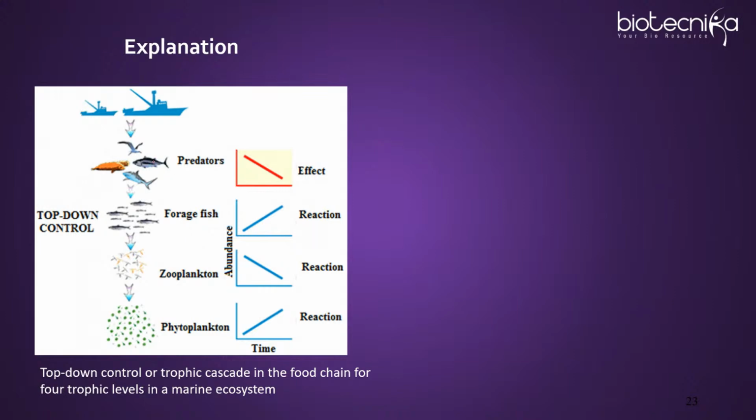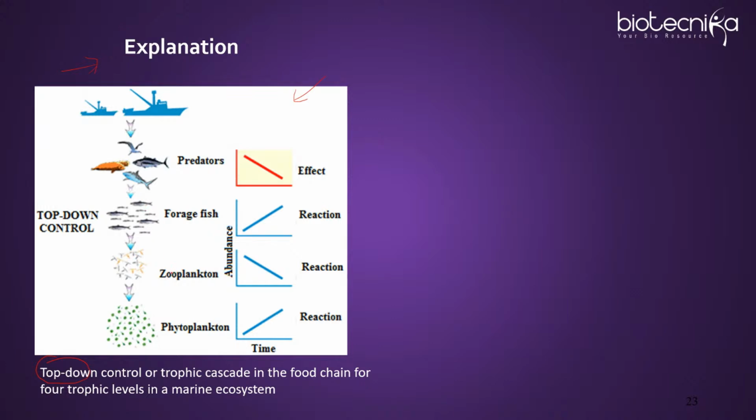See, on that note, let me explain this here. That will help you to understand the question and to know the right answer. Like I said, this question is based on the top-down control. Now, what do we mean by top-down control? We do have different trophic levels, like in the marine ecosystem.